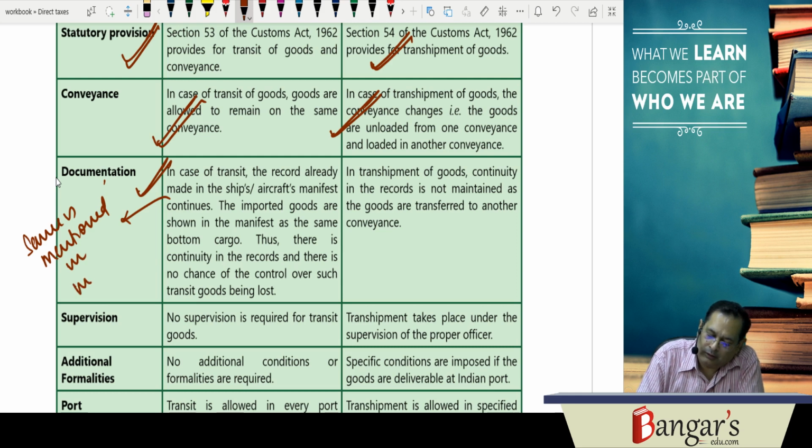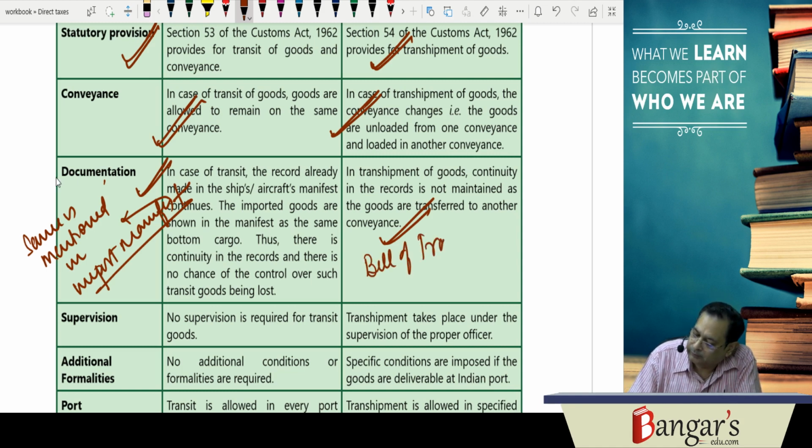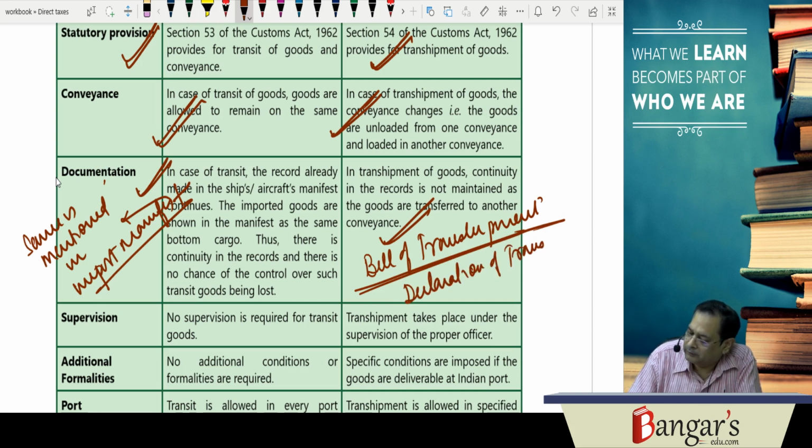in the import manifest for transit, whereas in case of transshipment, besides being mentioned in the import manifest, you have to present a bill of transshipment, or a declaration of transshipment is to be given.